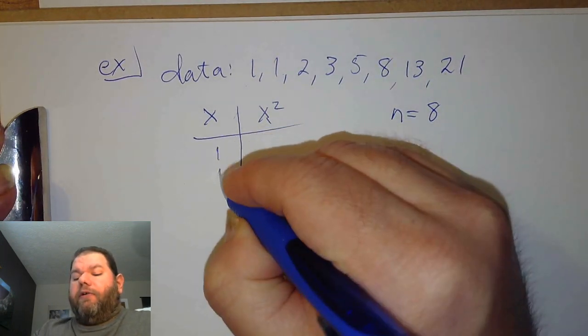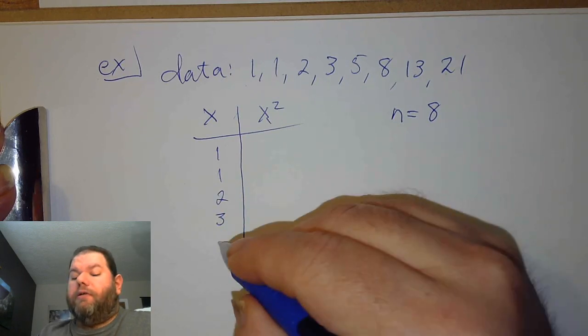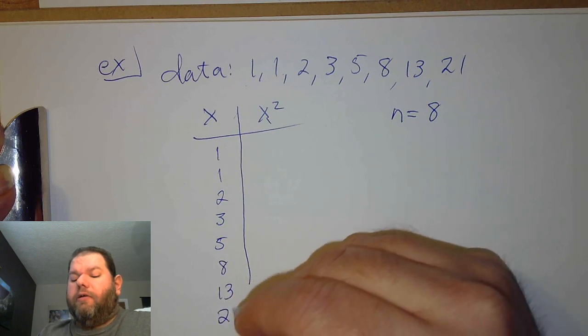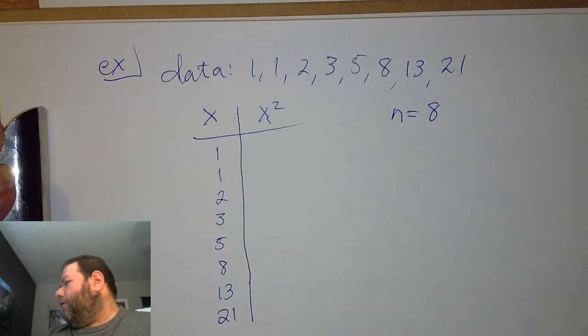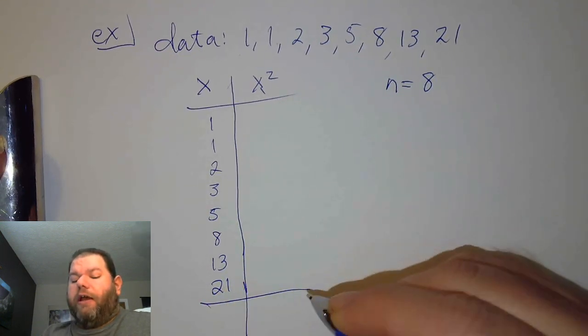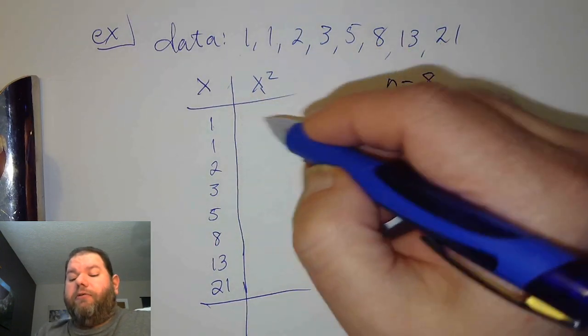So let's list all 8 of those numbers here. That's our first column. Now again, we're going to want to add all those numbers together, and then we also want to square these numbers.